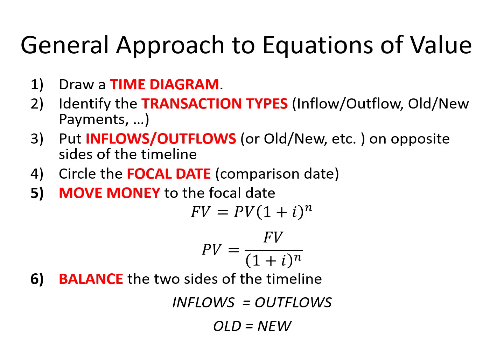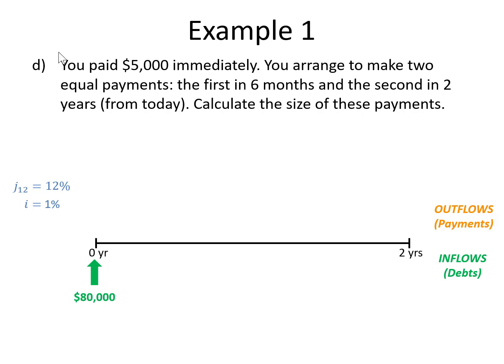Okay, so let's do one more scenario in these slides. You pay $5,000 immediately, and then you arrange to make 2 equal payments, the first in 6 months and the second in 2 years from today. Calculate the size of these payments. Going with our process for equations of value, I'm going to first draw my timeline, which we can see here from 0 to 2 years.